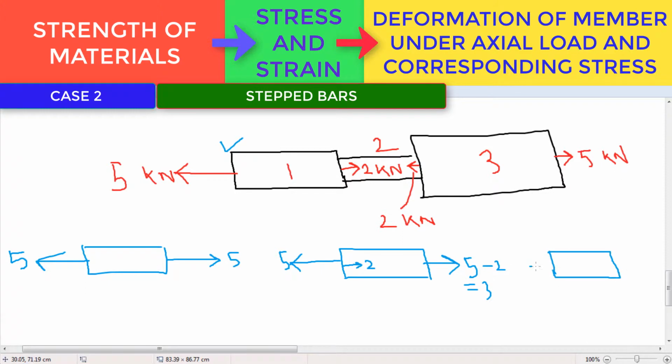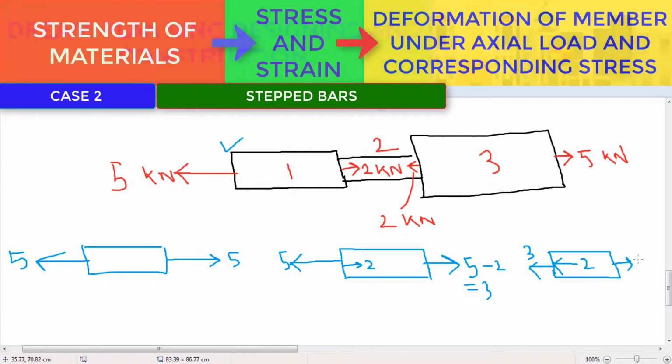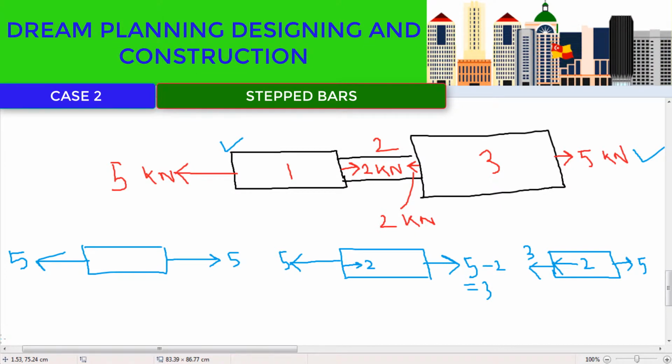On member 3 there is an opposite direction force of 3, and here the applied force is 2, so the total force is 5. In the problem it is also given as 5. So we have determined the force of each member.